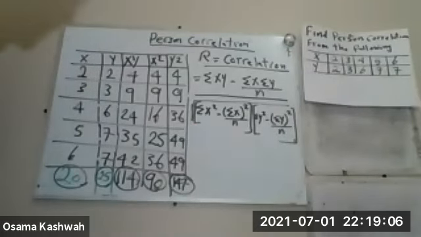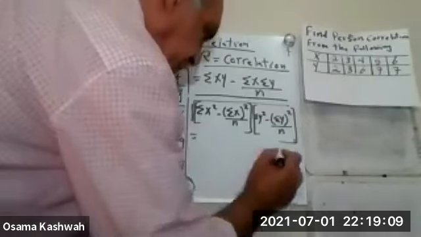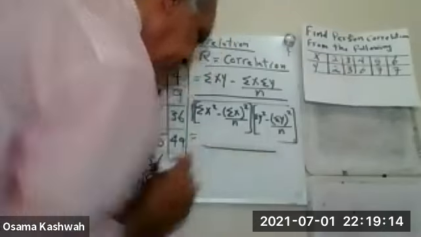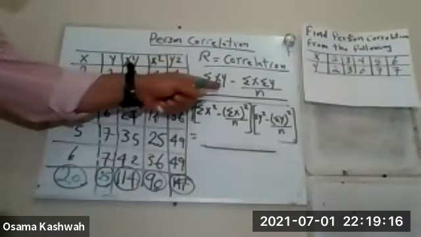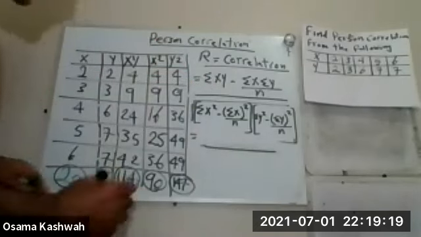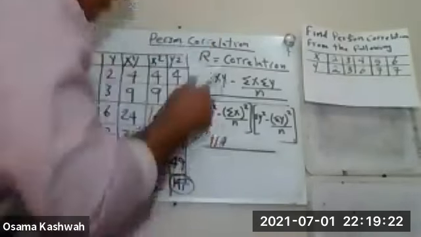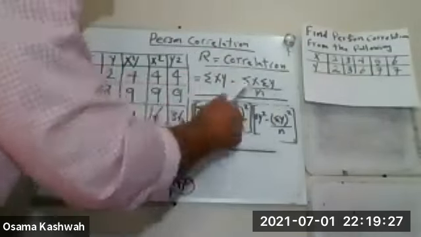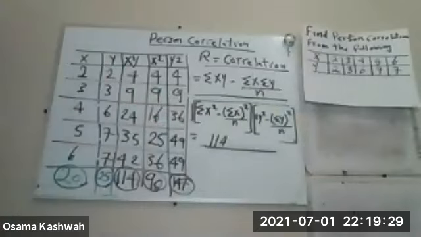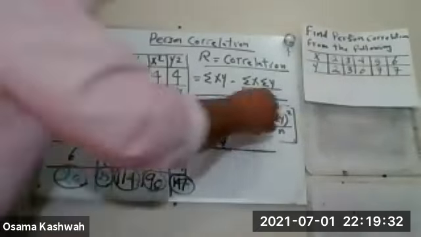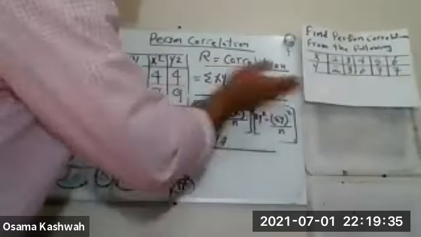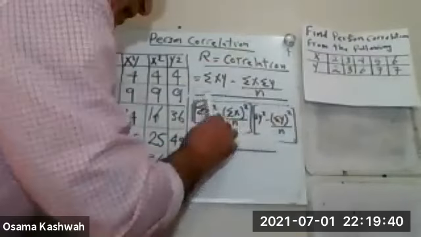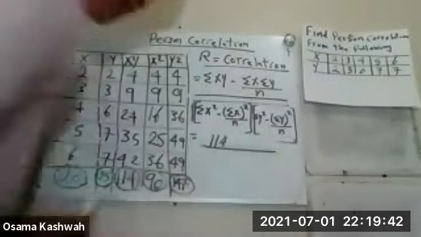Then I will substitute in the formula now. Summation xy, how much is xy? 114. I am now in the numerator, the upper part. This is the upper part, the numerator, and after this line is the denominator.